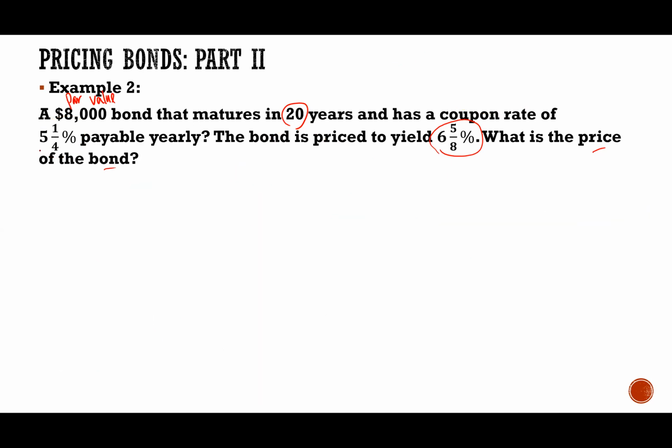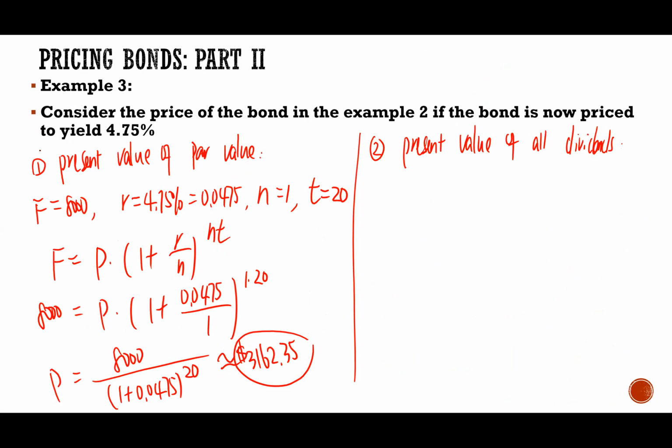So the dividend will be the same, right? The regular payment will be $420. It's 5.25% times 8,000. That does not change, meaning the company will always pay $420 to the bondholder. And we also know the rate is 0.0475 now, n equals 1 and t equals 20.